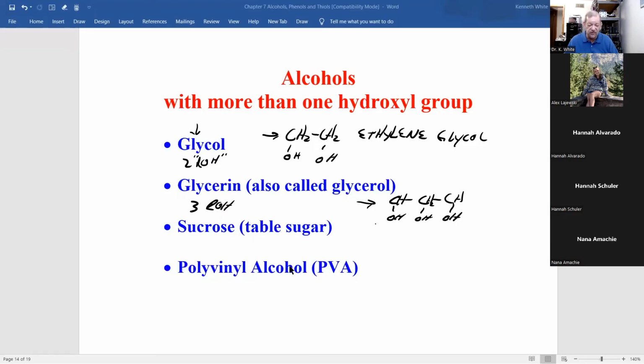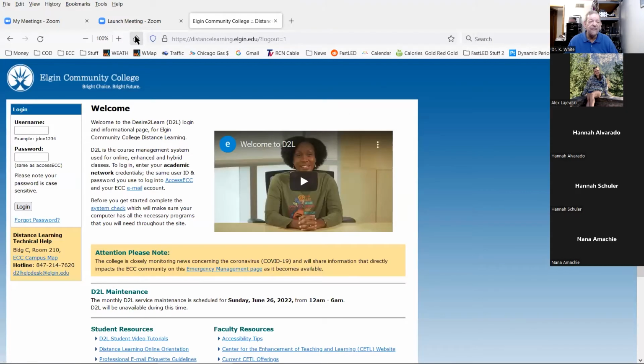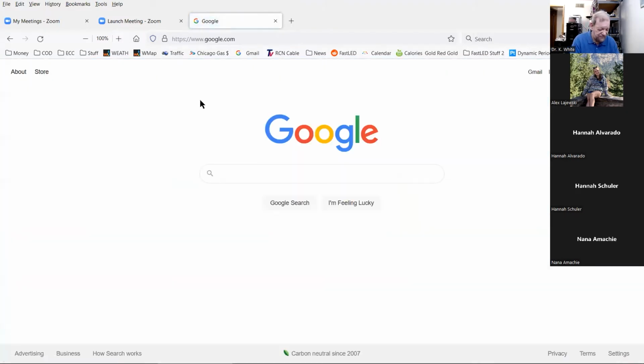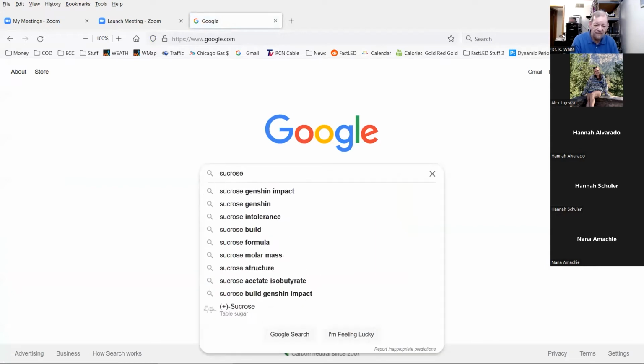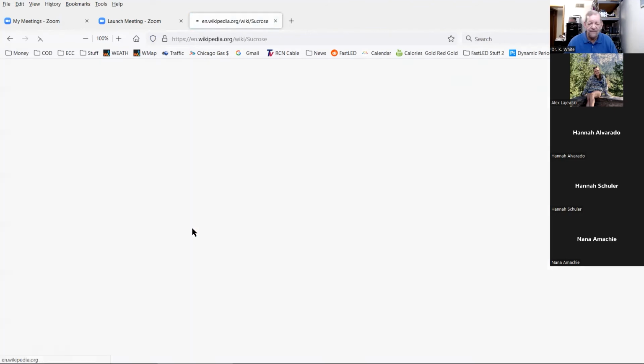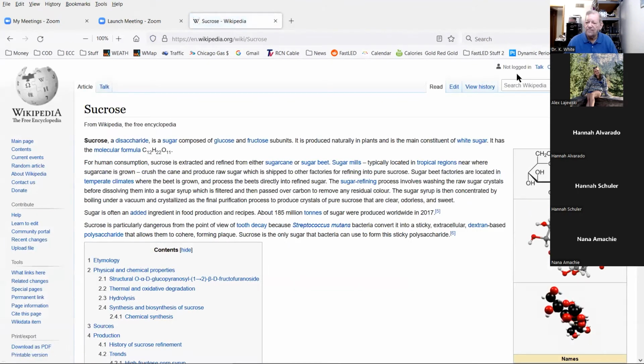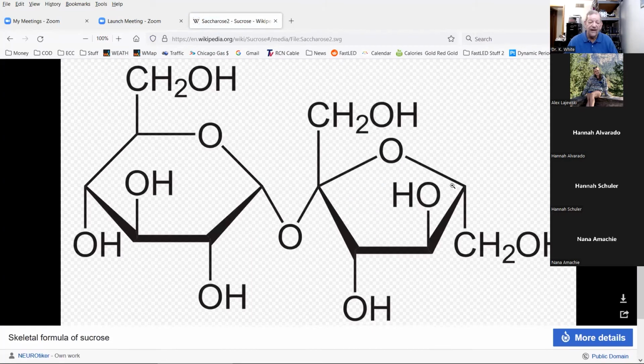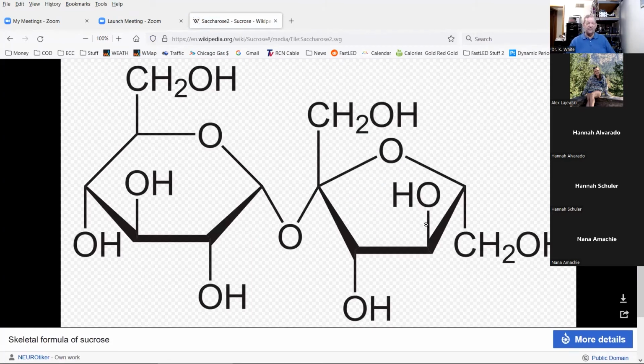Now, sucrose, table sugar, has more than one alcohol. If you look at this molecule, and there's another form that shows you more, but immediately you see 1, 2, 3, 4, 5, 6.